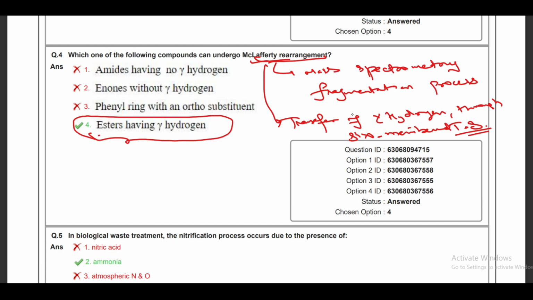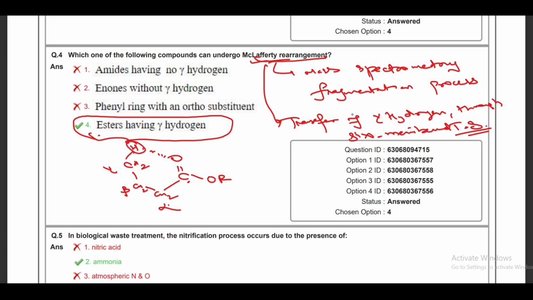If you see the case of esters like this, C double bond O, O R, with respect to the ester, this is the alpha position, this is the beta position, and this is the gamma position. In this type of ester there will be a 6-member transition state, and this hydrogen is a gamma hydrogen.